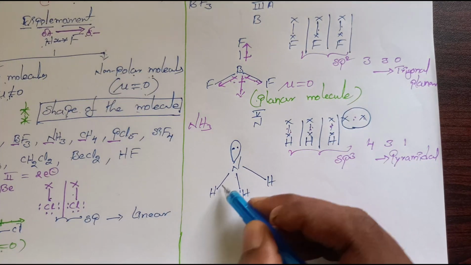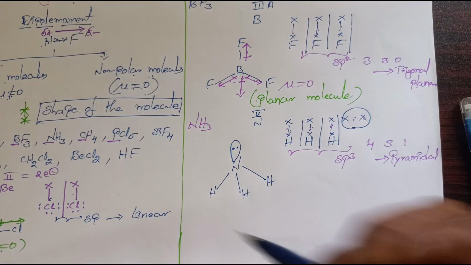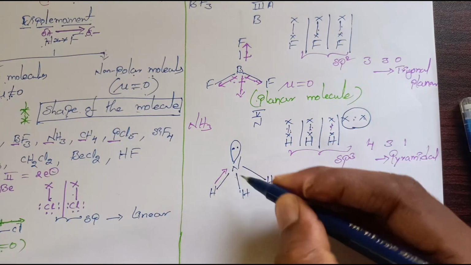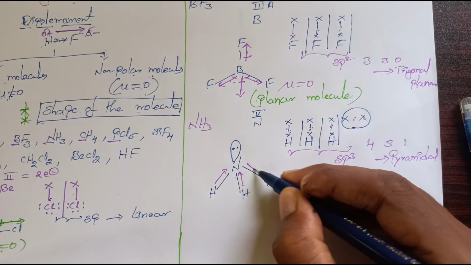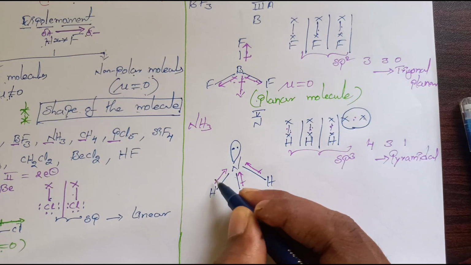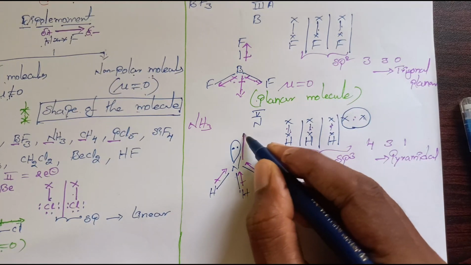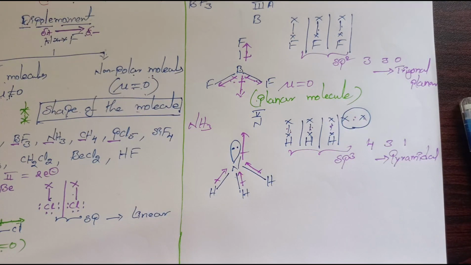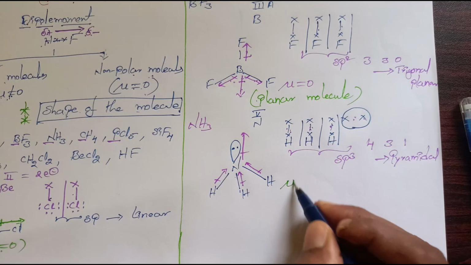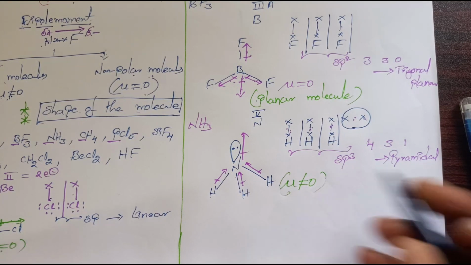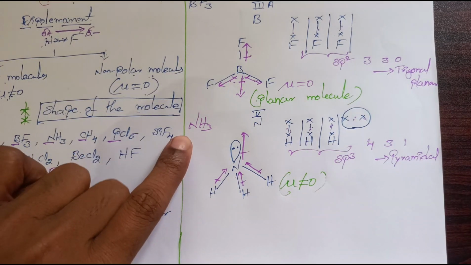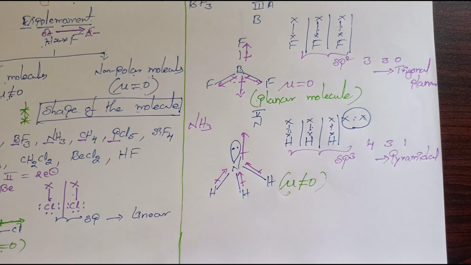Compared to hydrogen, nitrogen is the more electronegative element. The sigma bonding electrons move towards the nitrogen side only. The overall electron density moves to the nitrogen side. There is no cancellation. Dipole moment in this case is not equal to 0. So ammonia, NH3, dipole moment is not equal to 0.